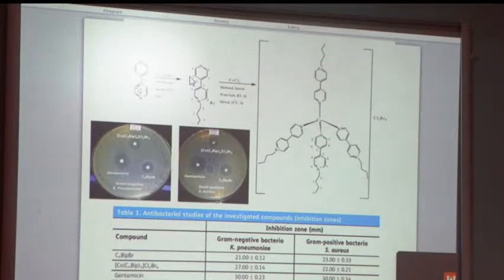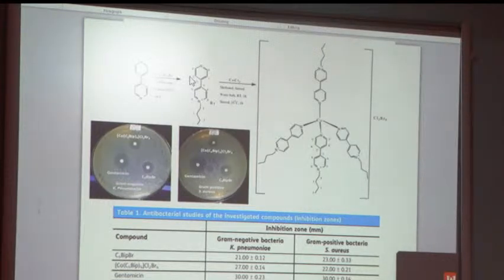The free is very aggressive, of course. When coordinated like this, still one nitrogen atom is available. It is showing high biological activity. But when coordinated to the metal center, still the activity is increasing without removing any metal from the biological system.